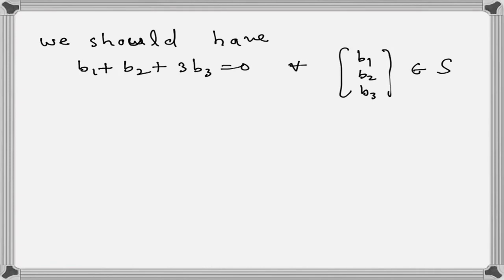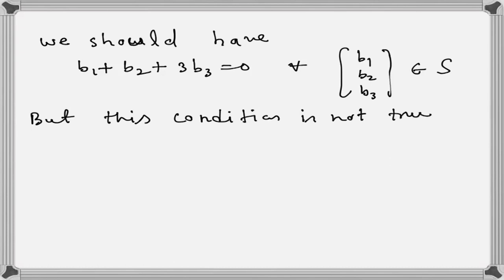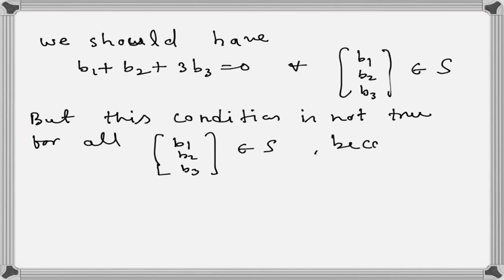Okay, but this condition does not hold. It's not true for all b1, b2, b3 belonging to S, because for example (6, 1, 1) belongs to S, because to be in S we should have that 13b3 is equal to b1 plus 7b2.